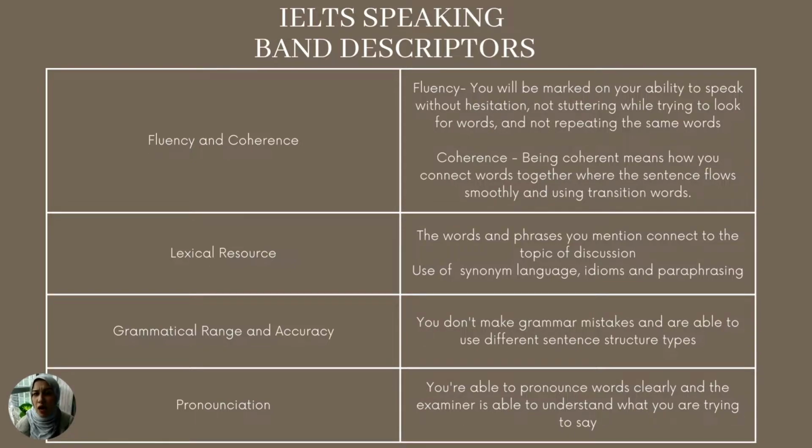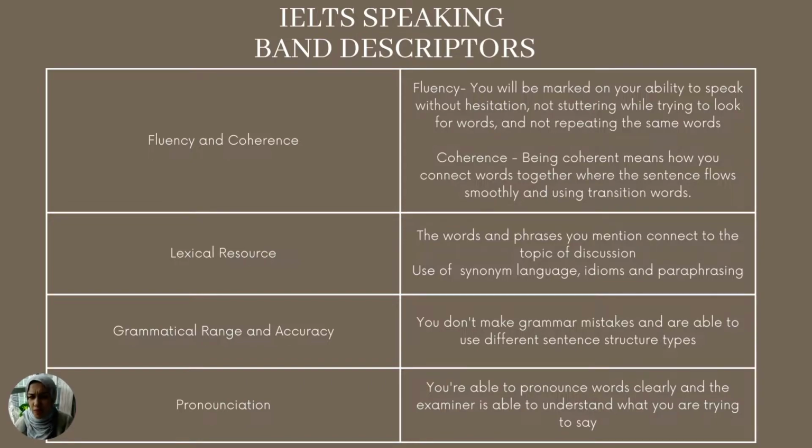This will score you a high band because remember that this is an English test and the examiner is actually looking for your ability to speak English using different word forms and things along this line.